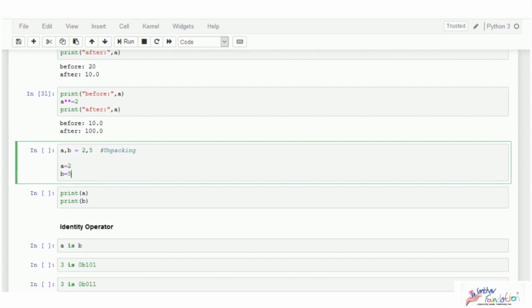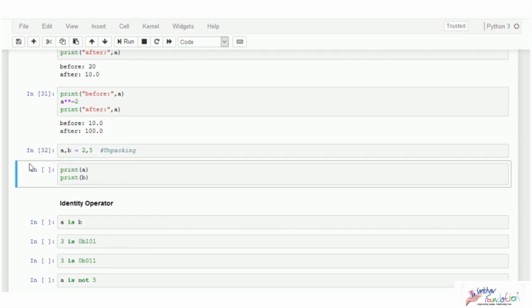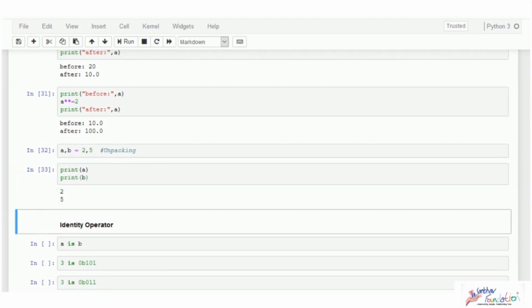You can combine these two and write it together this way: a comma b equal to 2 comma 5. This is called variable unpacking in Python. Unpacking can be done for any number of variables as long as the number of items is the same on both sides. If I run this, now a has 2 and b has 5. You can just verify it by printing the values.